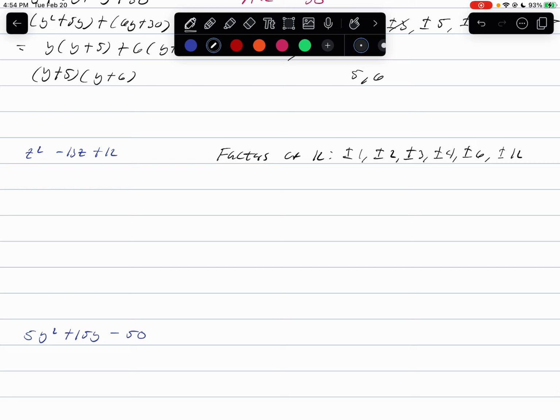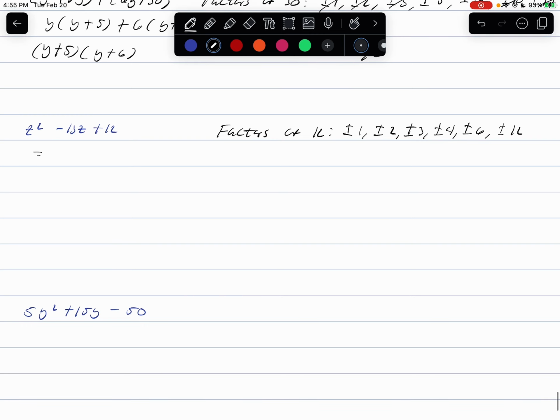So if we want to get to negative 13, it looks like we're going to need negative 12 and negative 1. If we multiply negative 12 times negative 1, we get positive 12. And if we add together negative 12 and negative 1, we get negative 13. So we can just go ahead and write this as z minus 12 times z minus 1, since we're adding a negative number here.